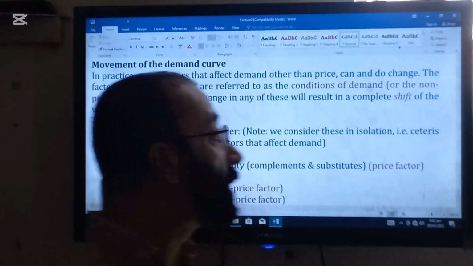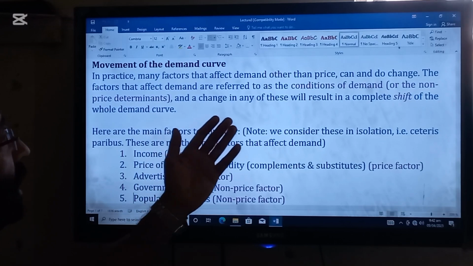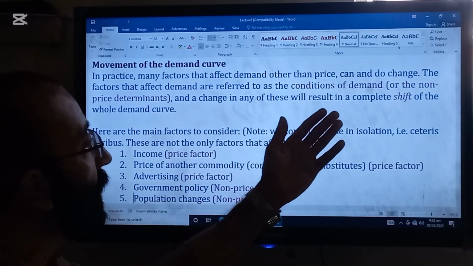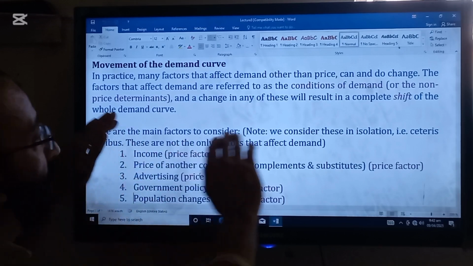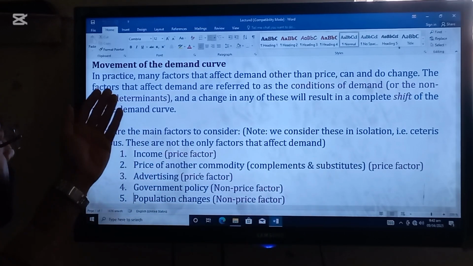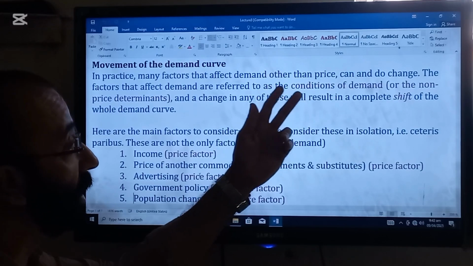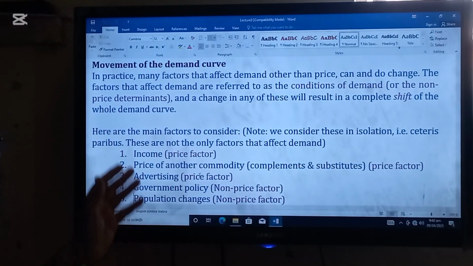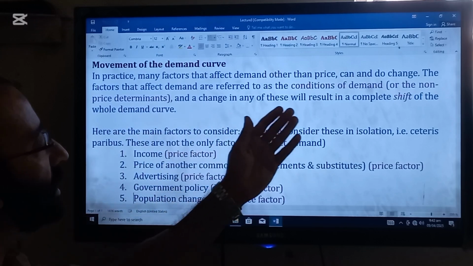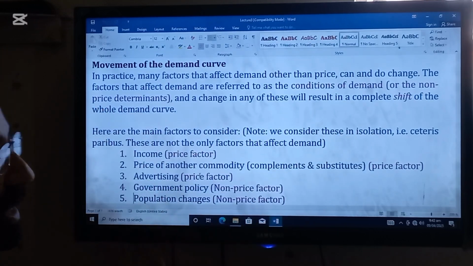So concentrate yourself now. In practice, many factors that affect demand other than price can and do change. The point to remember in the first line is many factors that affect demand other than price can and do change. The factors that affect demand are referred to as conditions of the demand or the non-price determinants.